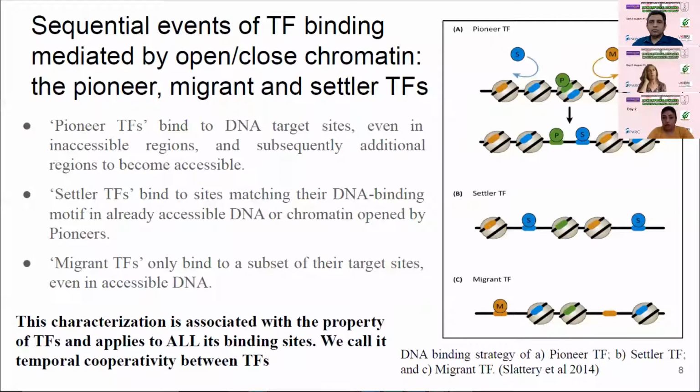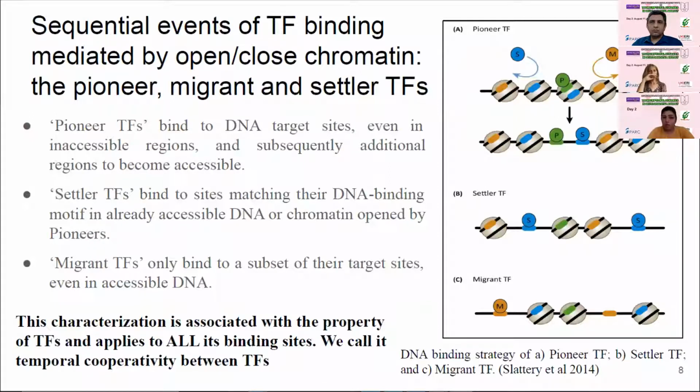So how are the sequential events of transcription factor binding mediated by open and closed chromatin? Here we can differentiate the transcription factors into three types based on their ability to bind to open or closed chromatin. Pioneer transcription factors are the ones that can bind to closed chromatin, and they help in genome reorganization so that they can open the chromatin and the other transcription factors can come and bind on their binding sites.